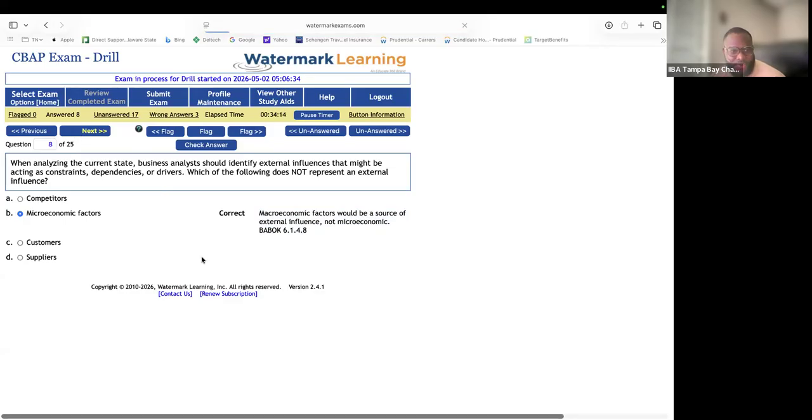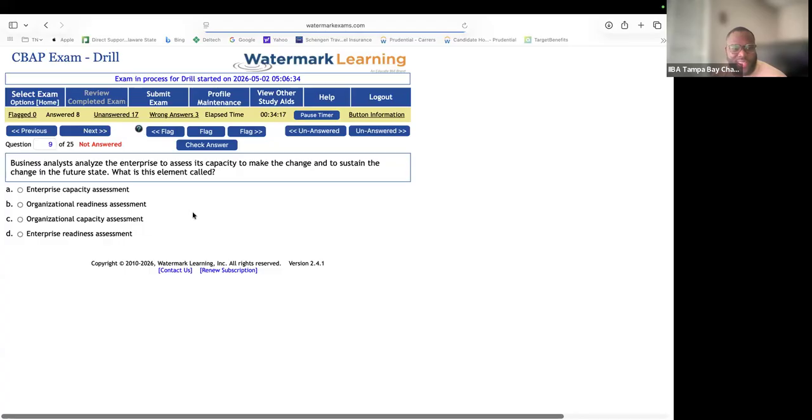Okay, let's go. Business analysts analyze the enterprise to assess its capacity to make the change and to sustain the change in the future state. What is this element called? Enterprise capacity assessment, organizational readiness assessment, organizational capacity assessment, enterprise readiness assessment.